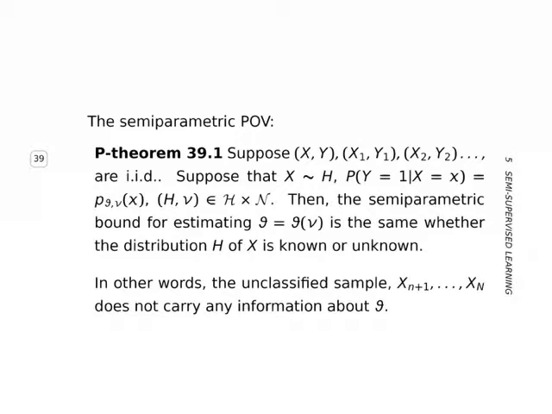Then the semi-parametric bound for estimating theta, which is some smooth function of nu, is the same whether the distribution h of x is known or unknown. Since by the unlabeled data we cannot know anything else but, at most, the distribution h, this tells me that I don't need the unclassified points, because they can at most tell me what h is, no more than that.